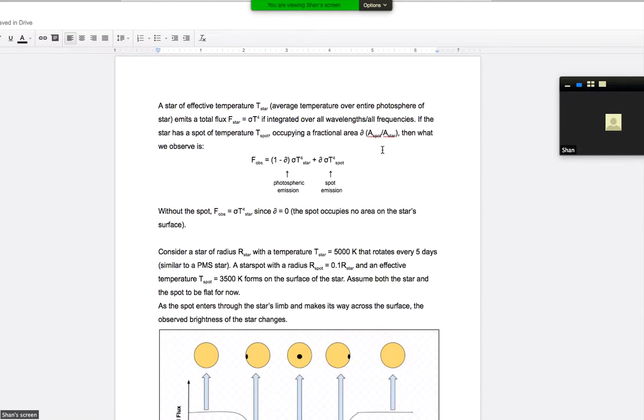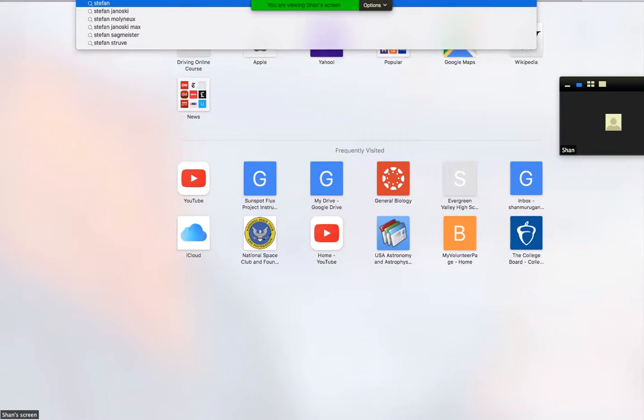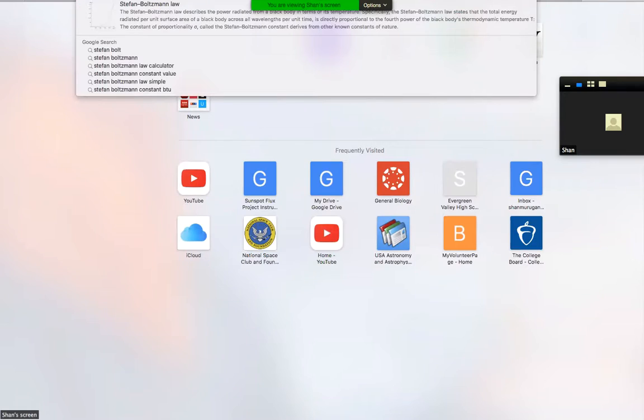This star emits a total flux, called F star, which is equal to sigma T to the fourth power. This is an important equation that you have to know: flux is always related to the temperature by the fourth power. And this constant here is called the Stefan-Boltzmann constant, and it's equal to 5.67 times 10 to the power negative 8. Let me just check that to make sure. Boltzmann.